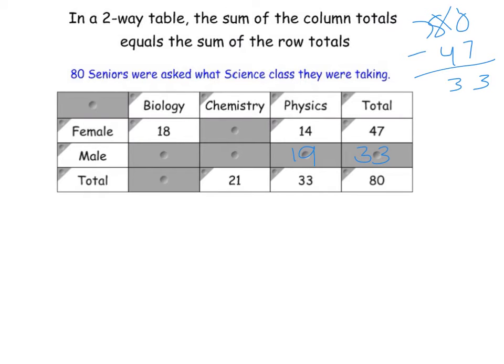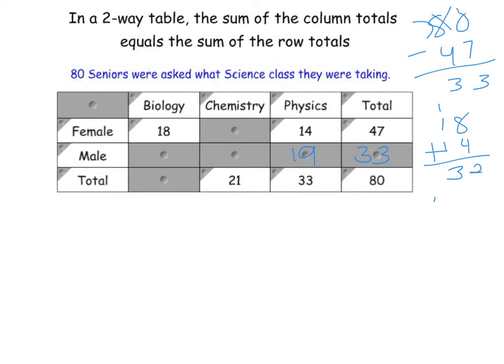So I can take the two that I know, 18 and 14, and add them together to see how many females we already know are in science class. So 8 plus 4 gives me 12, carry the 1, and that gives me 32. So I know that I have 32 females altogether. I'm sorry, not in chemistry, in biology or physics, but I want to find chemistry.